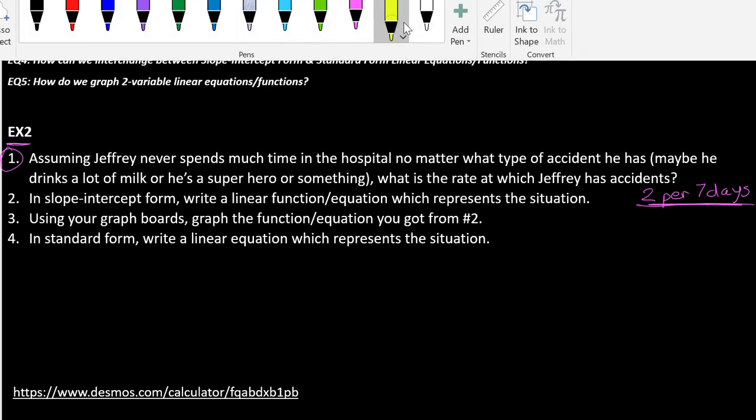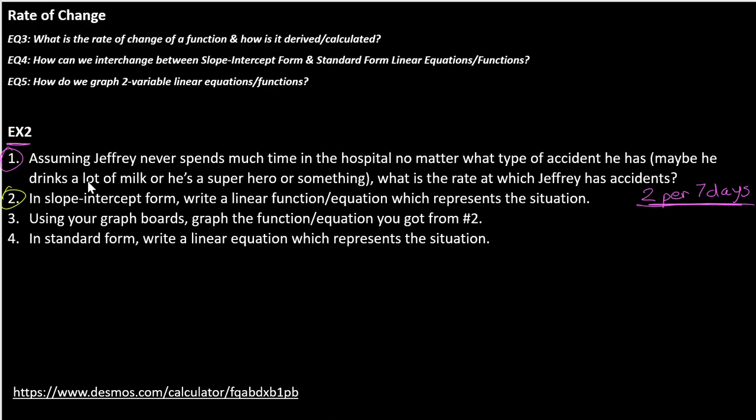That is the rate. Okay, number 2, in slope-intercept form, now we're going to have to think of it in terms of slope. So our rate of change is 2 per 7 days, right? And slope is given to us as the change in the dependent variable with respect to the change in the independent variable.